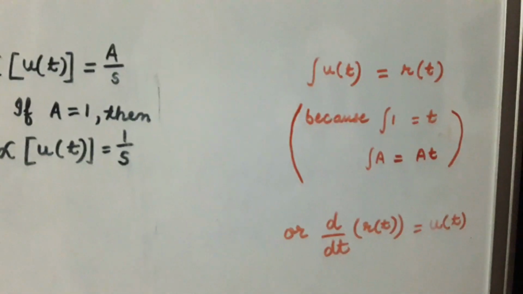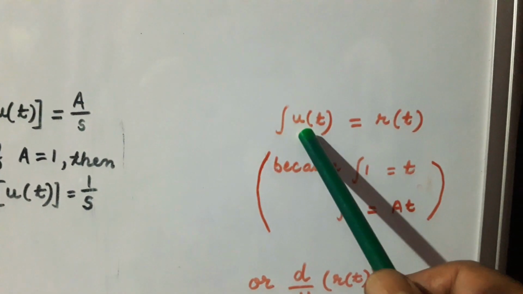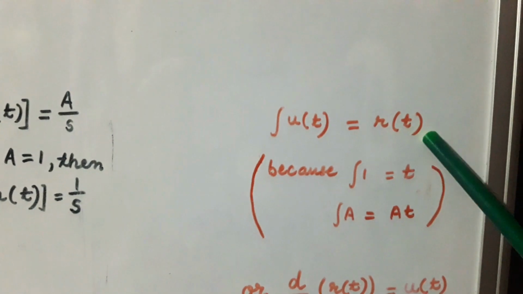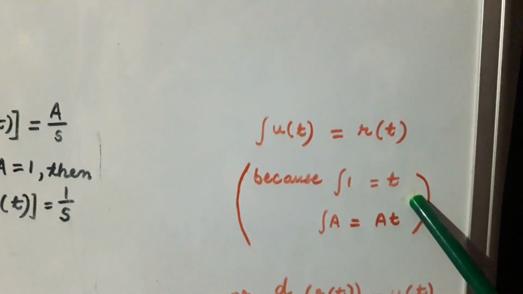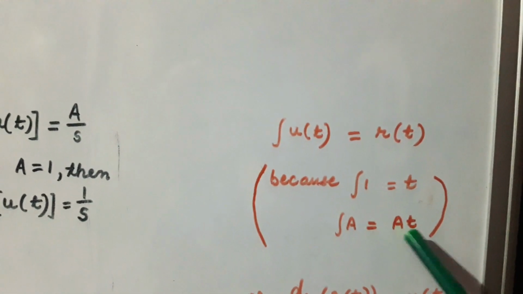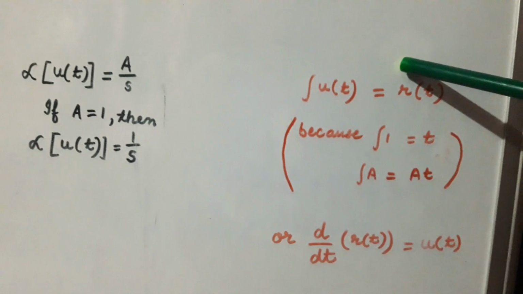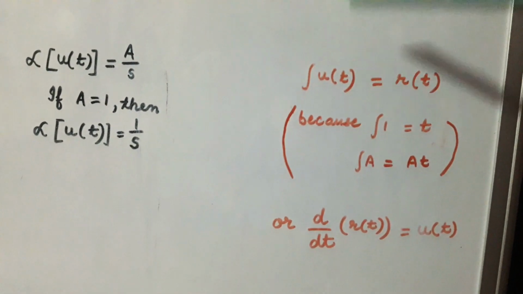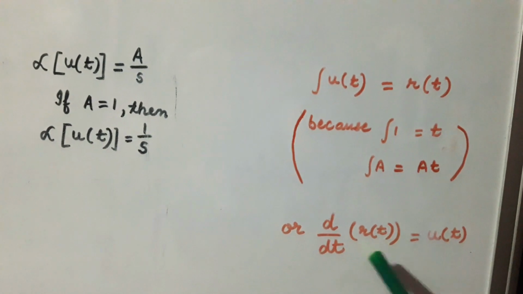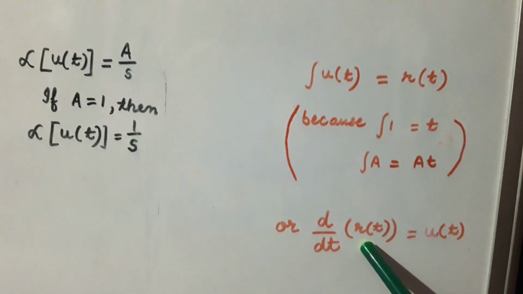Similarly, if we take the integration of u(t), it will be equal to r(t), because integration of 1 will be equal to t and integration of A is equal to A into t. So d by dt of r(t) will be equal to u(t). In this way, we can find out the relationship between the unit step function and ramp function.